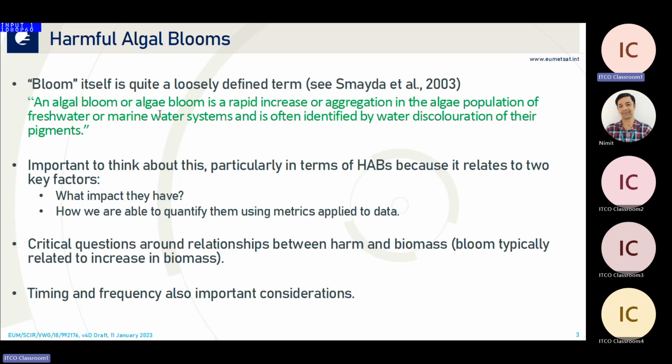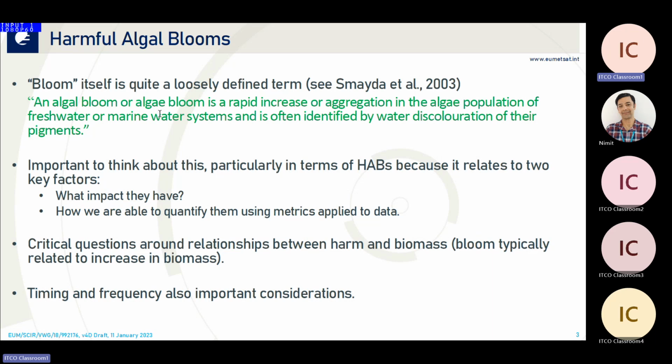So there are other considerations we need to take into account if we want to properly define what a bloom is. And then we have to add this harmful adjective to the bloom. A harmful bloom is a concentration of algae that cause harm. So we need to think about the impacts of these blooms, the ways they can harm, and try to quantify using metrics applied to the data we have.